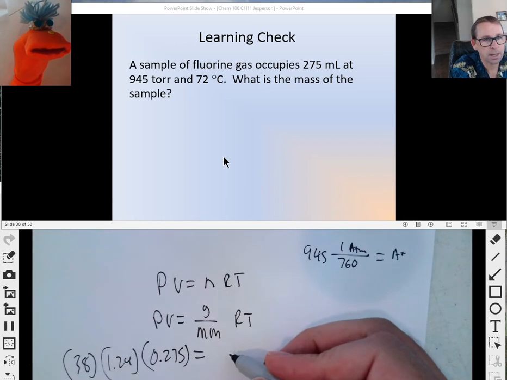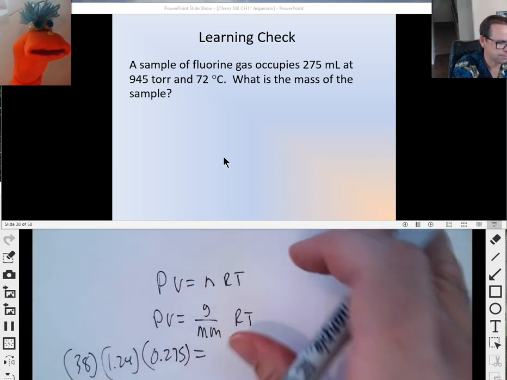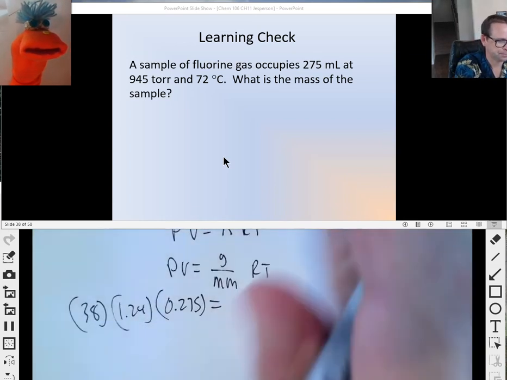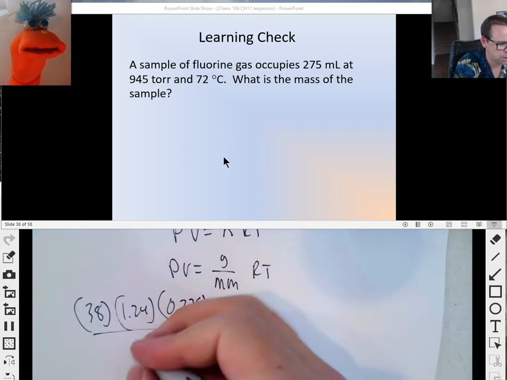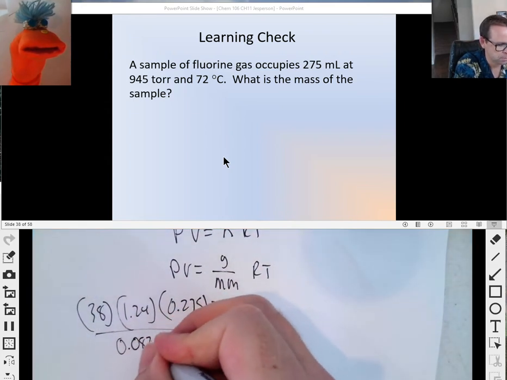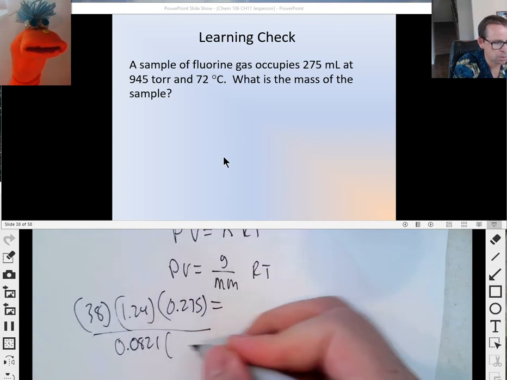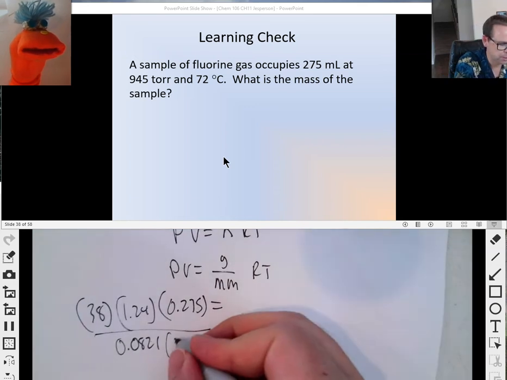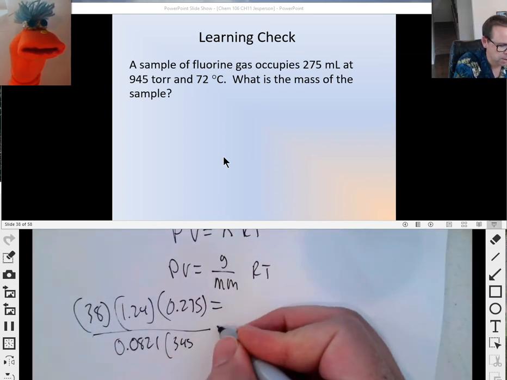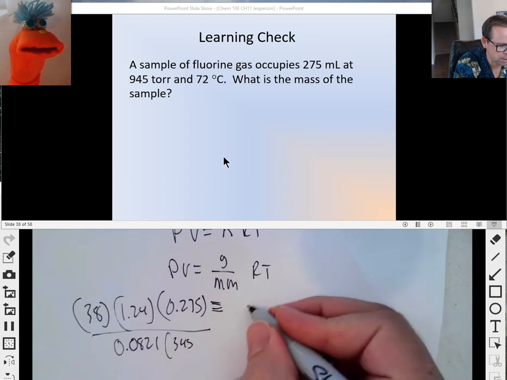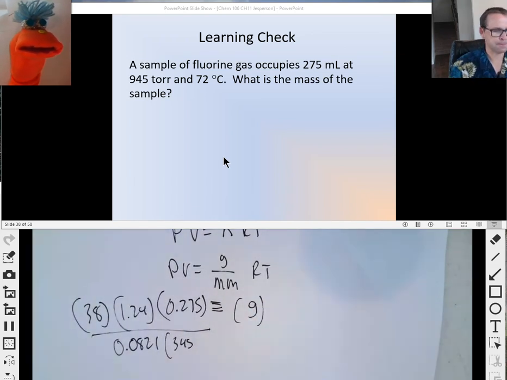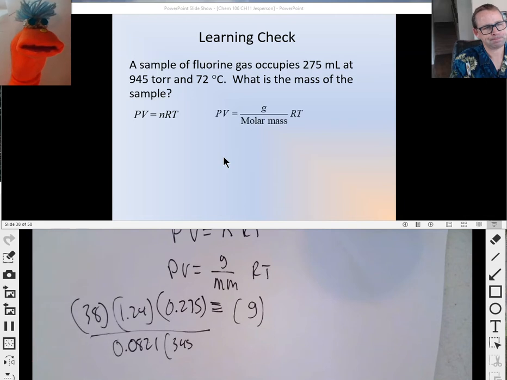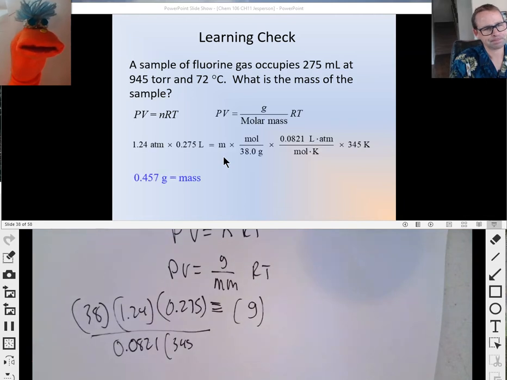All right, 0.0821 is the R. And then temperature, 72 plus 273, 345. All right, so all this will equal then grams. Okay. Excellent.